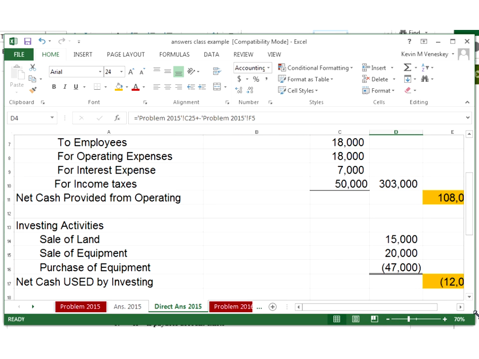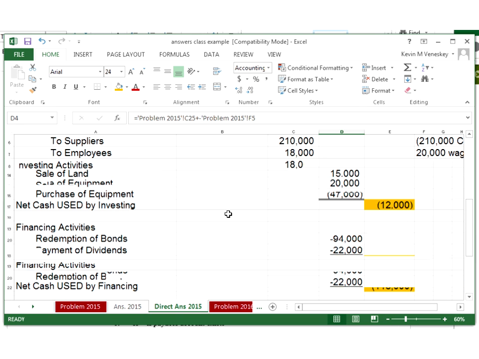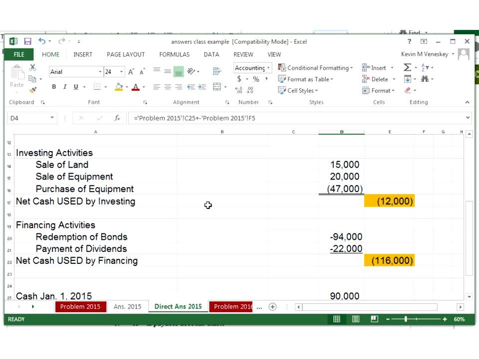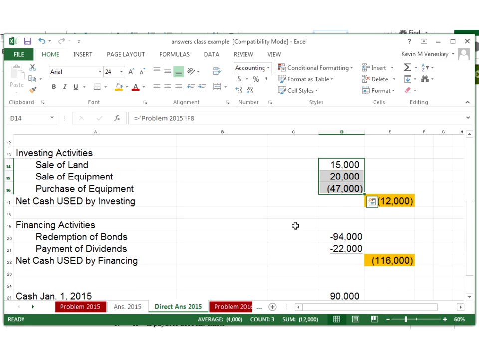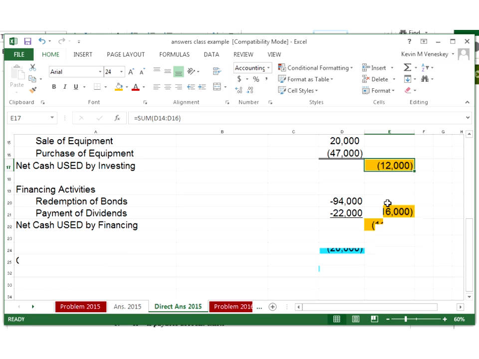And then as you'll see, the investing and the financing activities are identical to the indirect method. So I had 15, 20, and 47. I go back to the indirect method, 15, 20, 47 for a $12,000 negative difference, and that's shown up here.